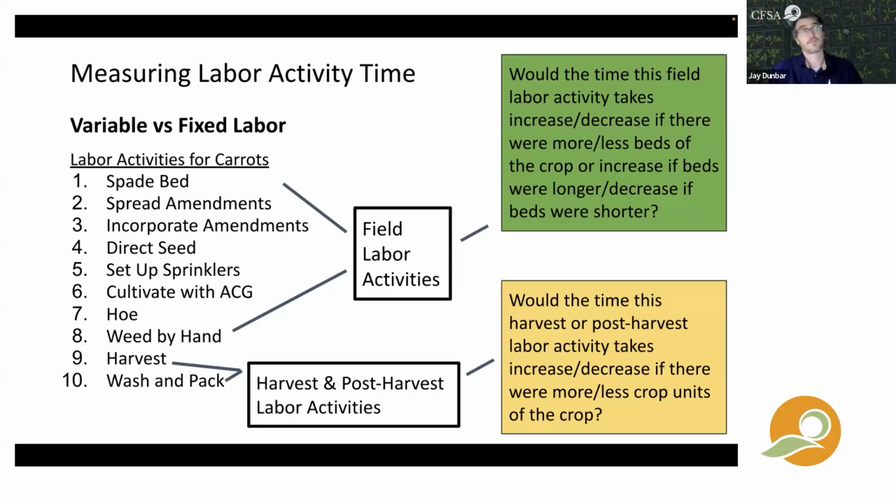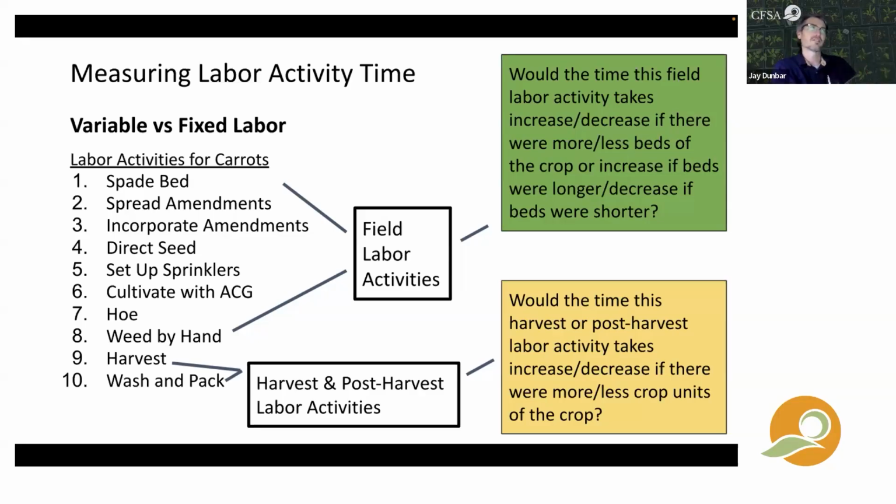Yes. But for example, hooking up the spreader is not going to change whether you're doing one field or two fields. That is where I think about that sort of overhead labor. No matter what you're doing, you're going to be doing that.